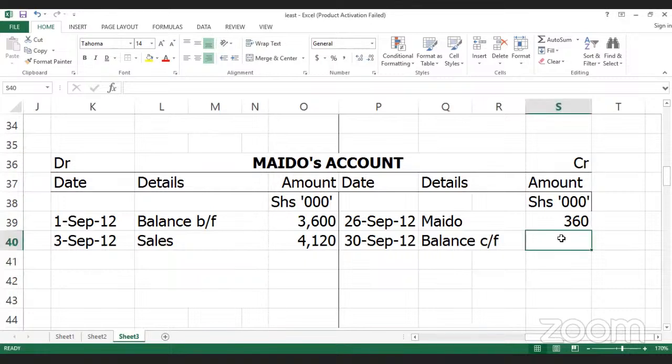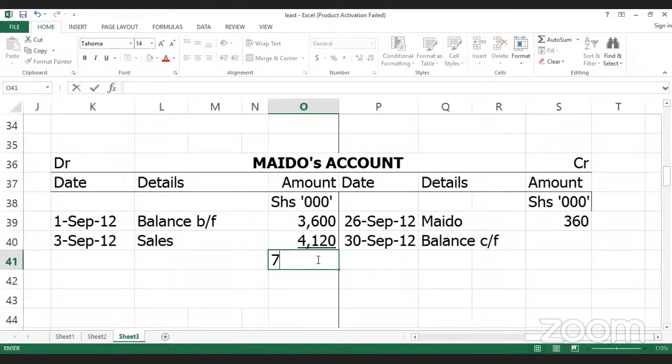How much is the balance on Maido's account? How much will be that balancing figure now with the account? 7,720. The balancing figure. That's what we are interested in. The total is that, but now the balancing figure. The balance. 7,360. Yes, that's the total.